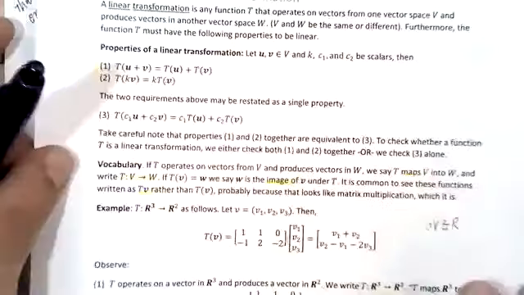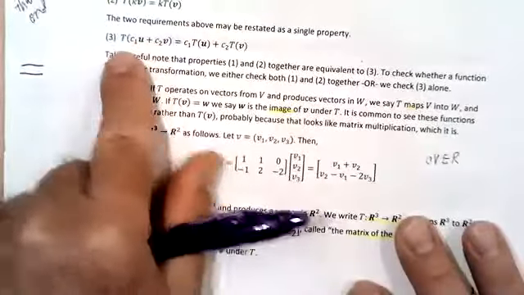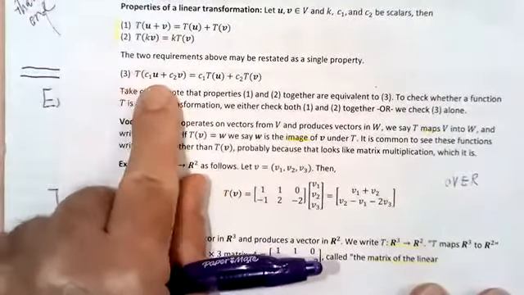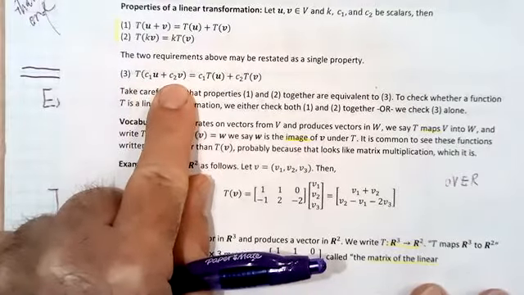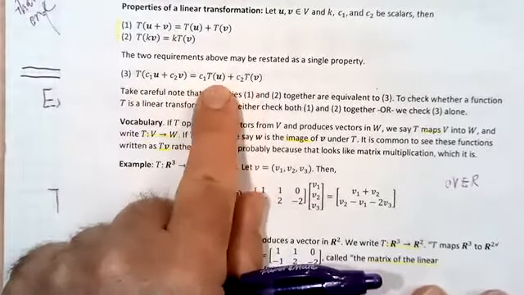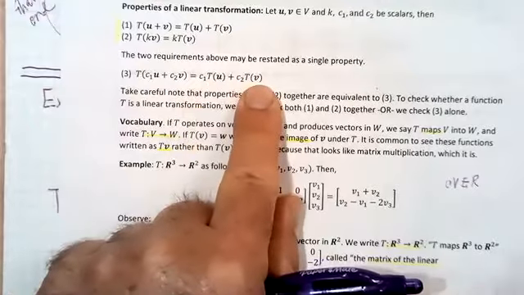Because the rule says this. One way of reading this is: the transformation of a linear combination is the linear combination of the transformed vectors.